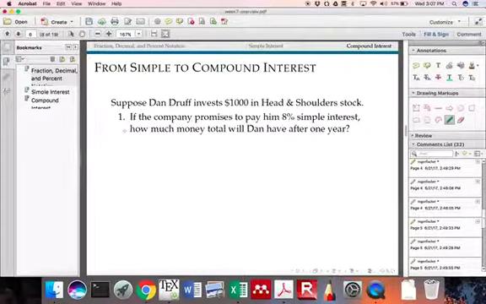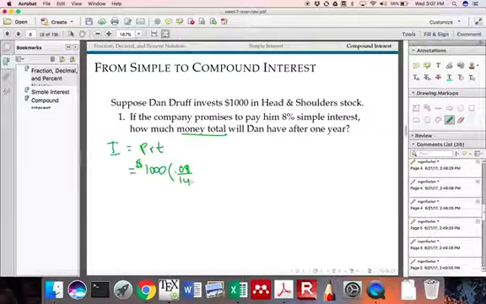If this is simple interest, we know I equals PRT. And so now this is interesting. Total money, or money total. We could do I equals PRT. And let's see, principal is $1,000. The interest rate is 0.08 per 1 year, 8% per 1 year.